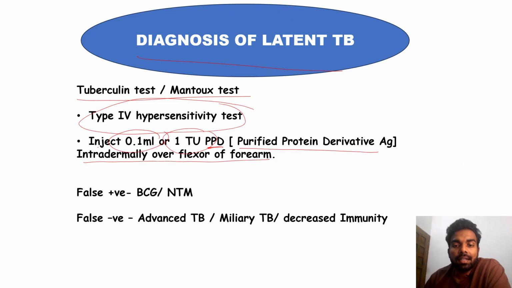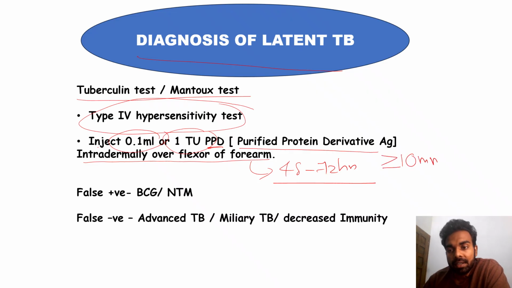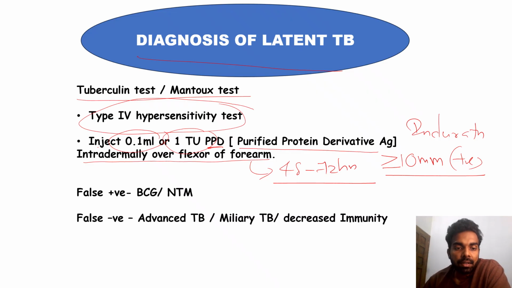Since it is a delayed reaction, after 48 to 72 hours, we see the reaction. If the induration is more than or equal to 10 millimeter, it is positive. There are cases which can show false positive.